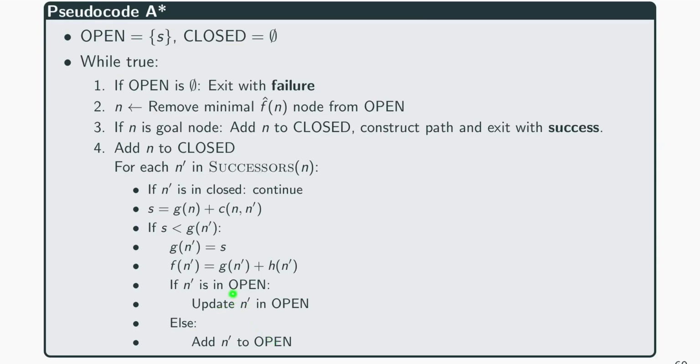What about this update? Is that tricky? How would one implement an update for a priority queue? Yes? It will also be log of n.